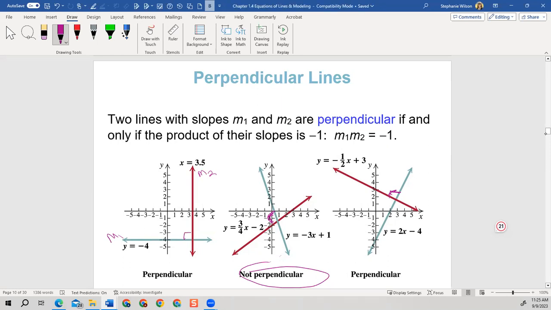If that is so, then slope 1 is the opposite sign and reciprocal number of slope 2, vice versa. So if my slope 1 is a negative half, then my slope 2 would be a positive 2. You would have opposite signs and reciprocal numbers, meaning flip the number.